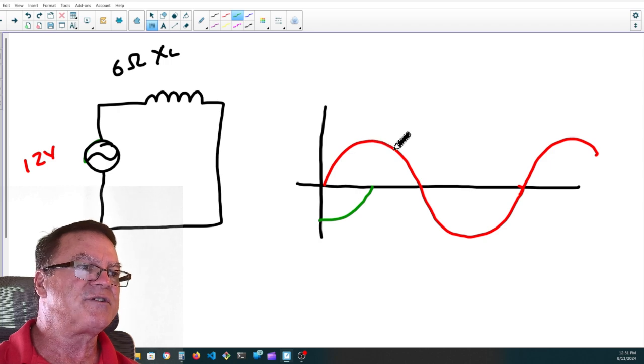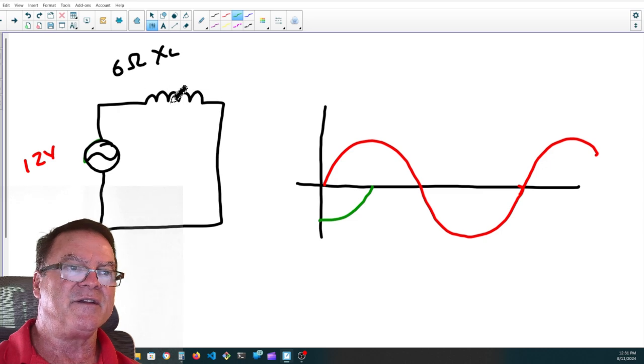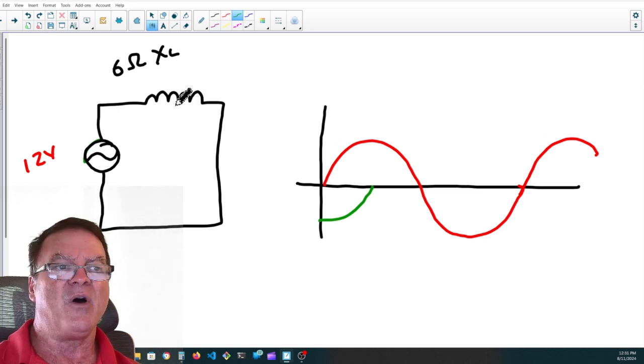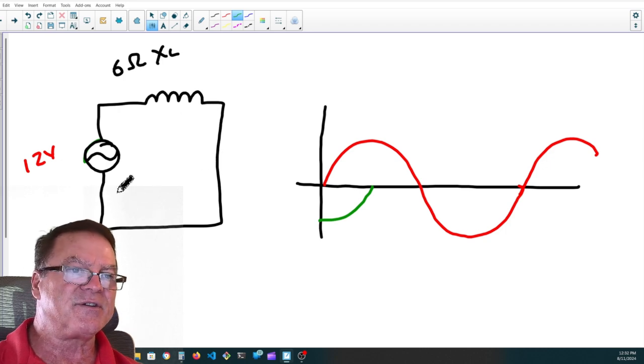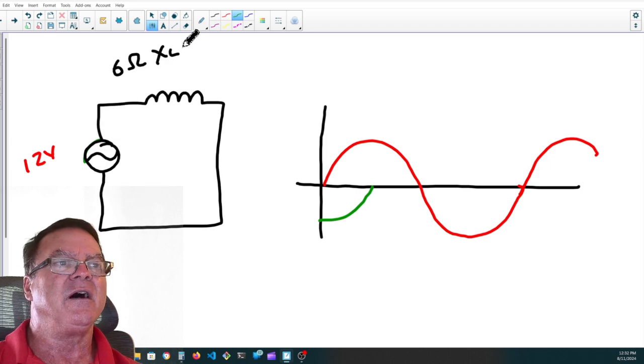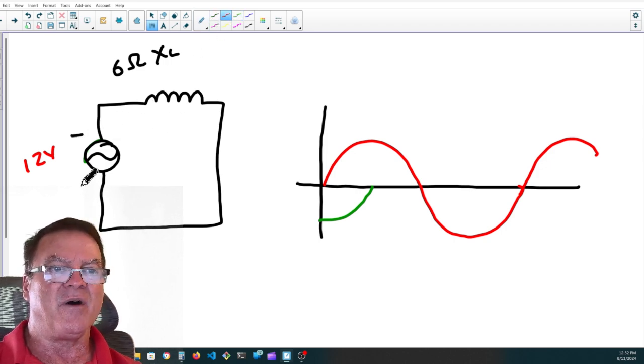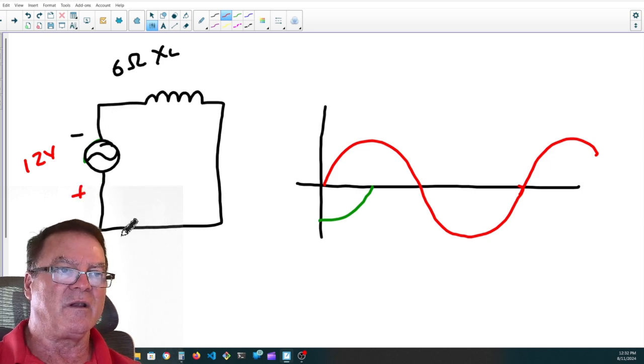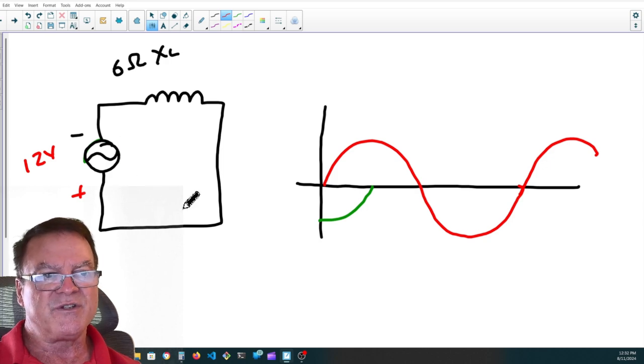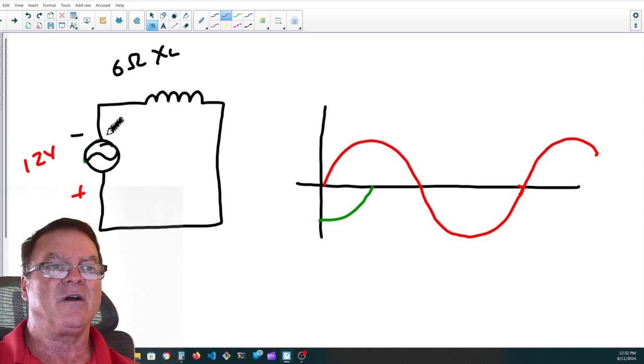Now the voltage starts to fall from 12 volts down to 0 volts. And the inductor doesn't like that. It opposes a change in current, so it's actually going to aid the circuit by trying to put current back into the circuit. We'll say that the negative is on top and the positive is on the bottom for the first half amplitude, and that's why we're going clockwise. So it was opposing it, it was actually putting it counterclockwise.